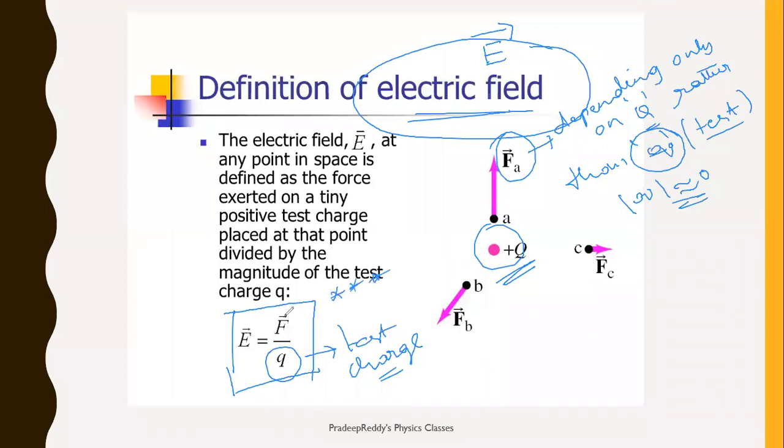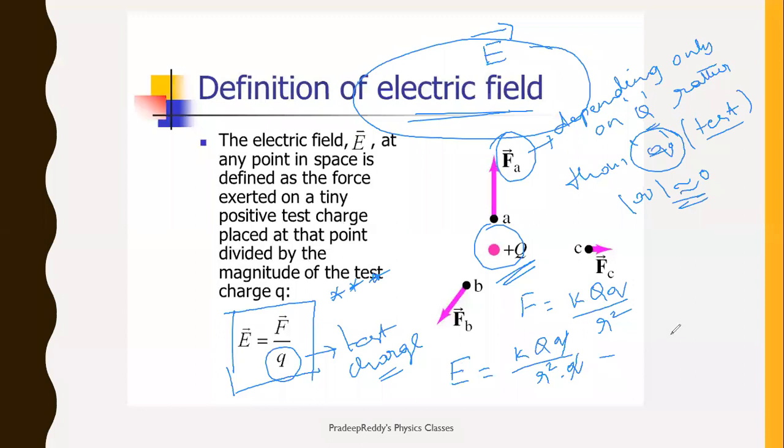I can take this F as K capital Q, test charge small q, divided by R square. R is the separation between the test charge and capital Q charge. Substituting that F over here, you can write E is equal to K capital Q small q divided by R square into q. This q gets cancelled.